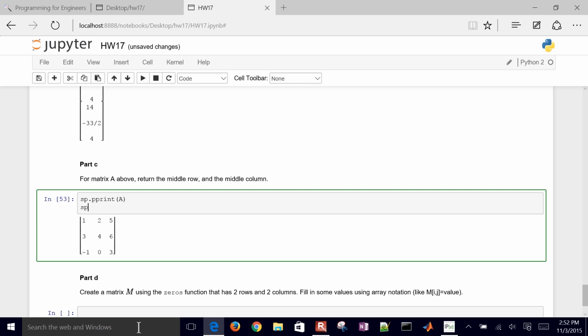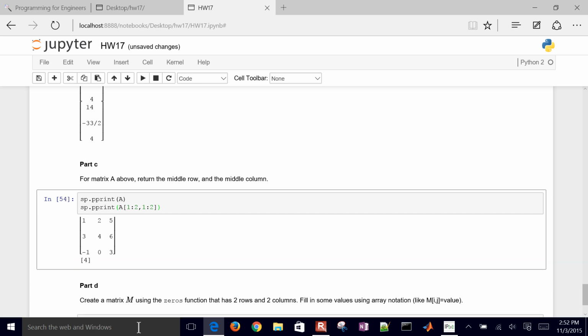And then we just want to take the middle row. So let's print out A. I'll do 1 to 2, and then all of those columns right there. Okay, so I just took the 3, 4, and the 6 from those.